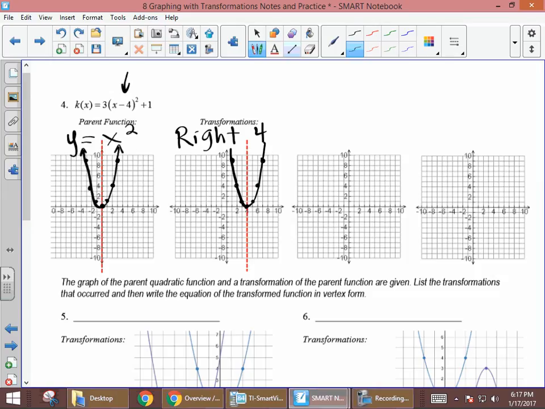All right. Moving on. Let's now take care of that number on the outside. This 3 is outside, so that is a vertical, either stretch or compression. Since the number is greater than 1, that is a vertical stretch by factor of 3. That factor is always, what are you multiplying by? It is 3.